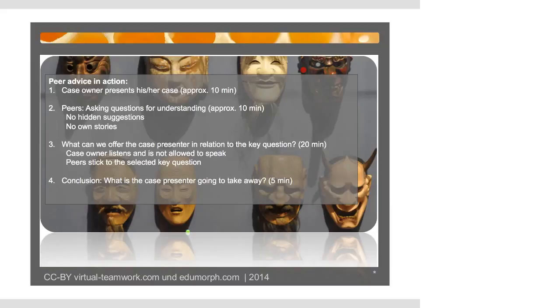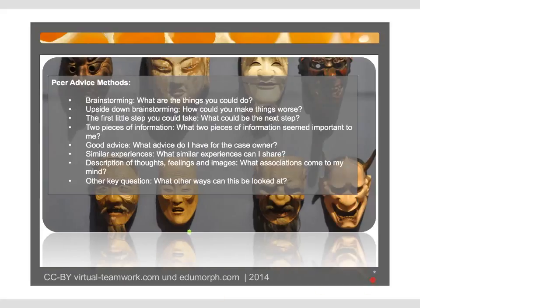Yes. Just get this slide up so Maureen can see which methods we have on offer in our little suitcase of methods here. So there's the brainstorming, upside down brainstorming, first little step, 2 pieces of information, good advice, similar experiences. For example, Tim has already started that one.